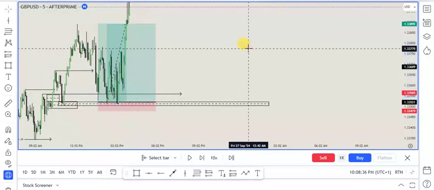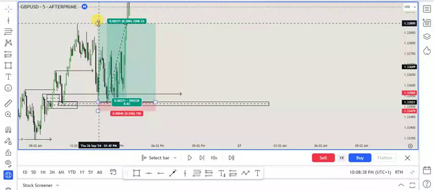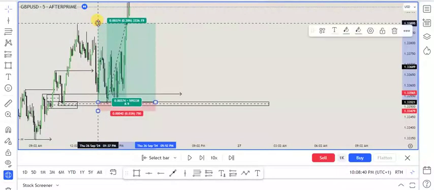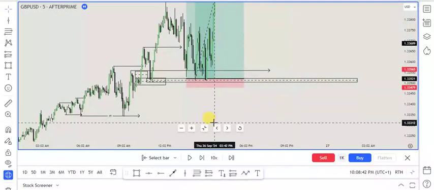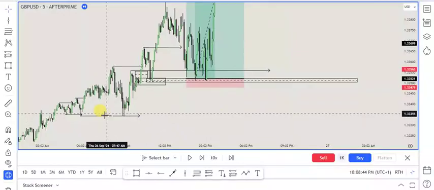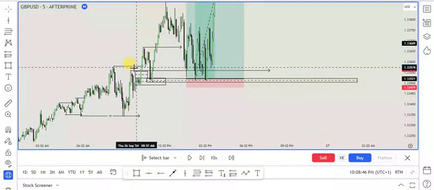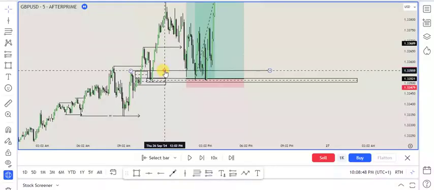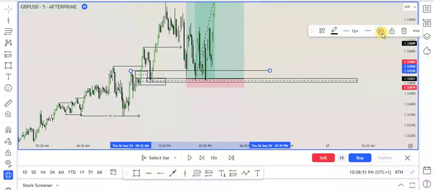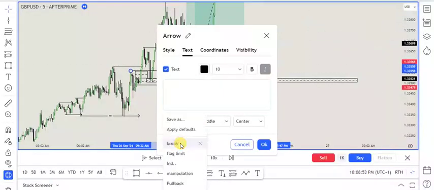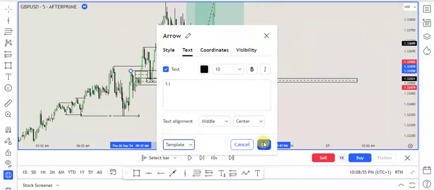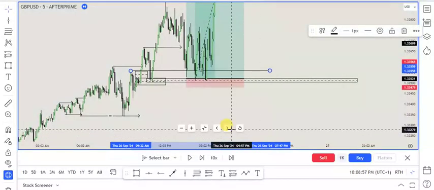1:8. It works like magic. But everything forms. You must see a manipulation first. Manipulation, a break. Then if you see flag limits, gold mine. If you see the flag limit, gold mine, you take the trade. There's nothing to fear.